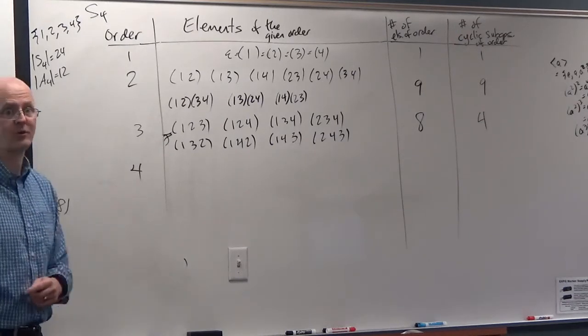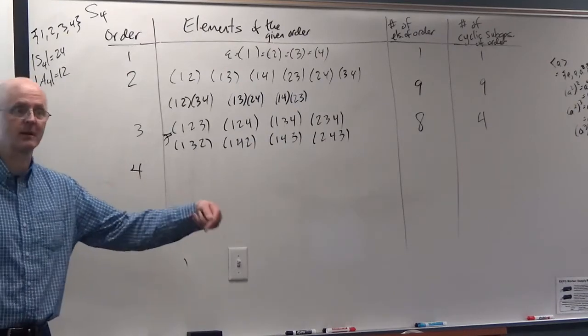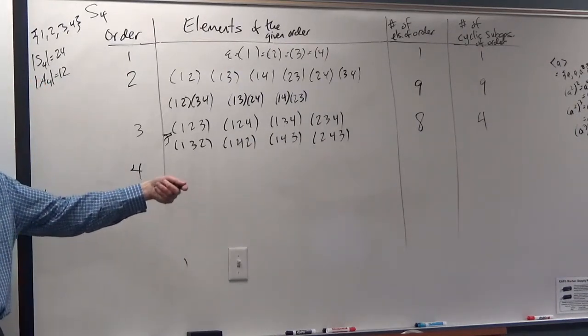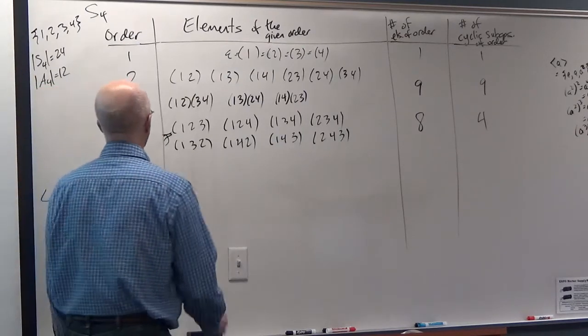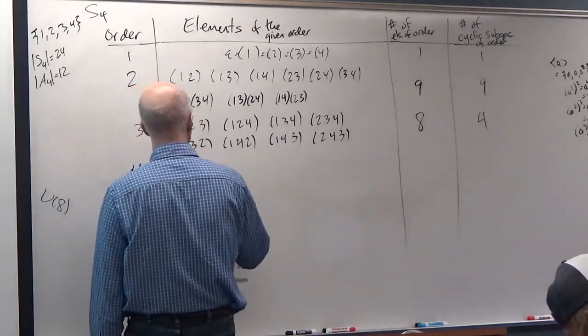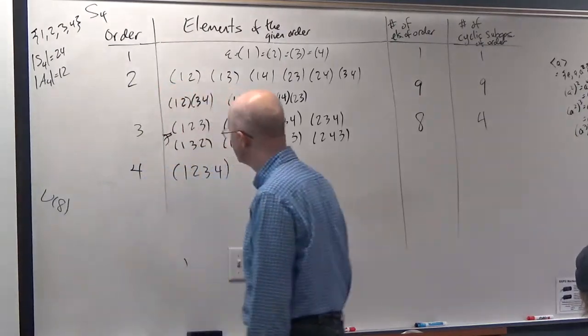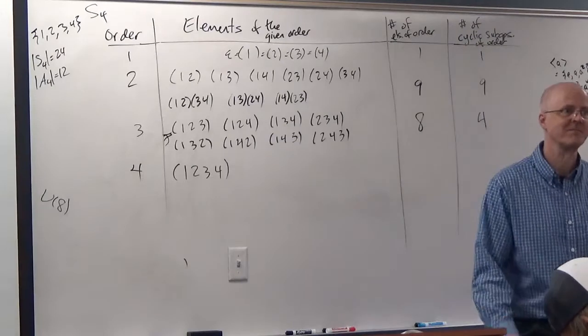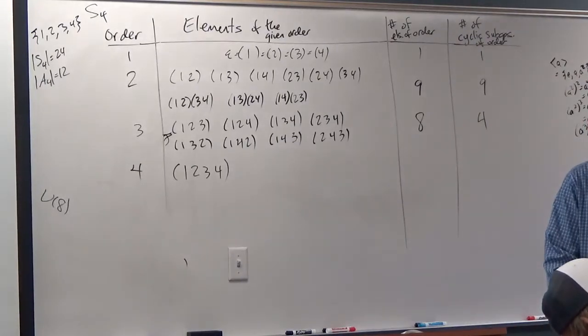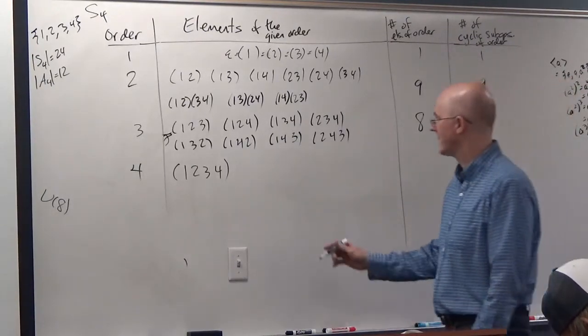However, any element of order 4 does have to generate a cyclic subgroup of order 4. Powers of that element. Cycles of length 4, like that, will have order 4. There's one of them.